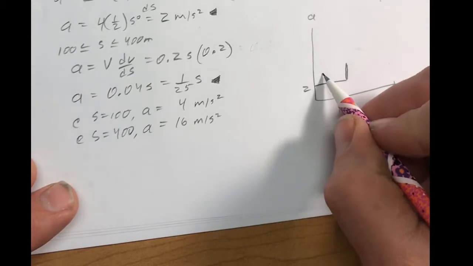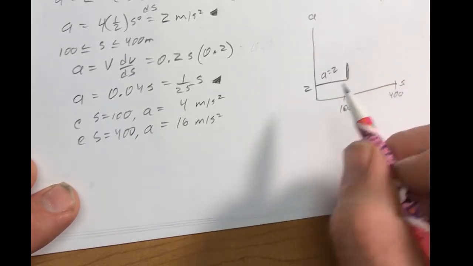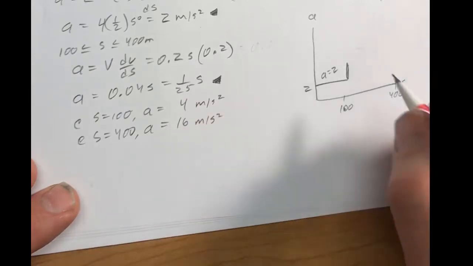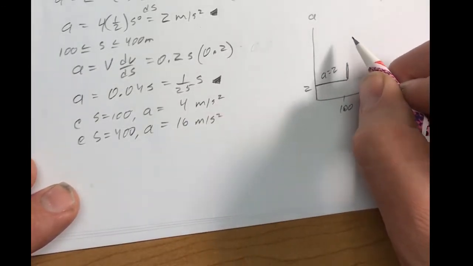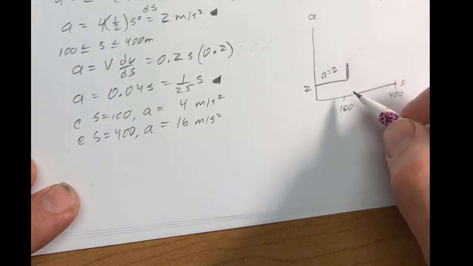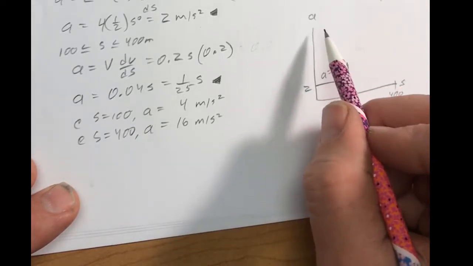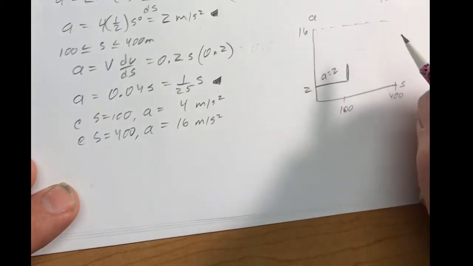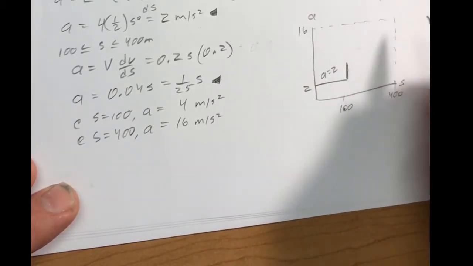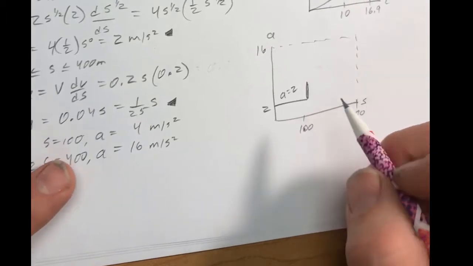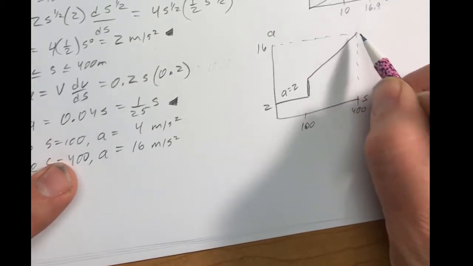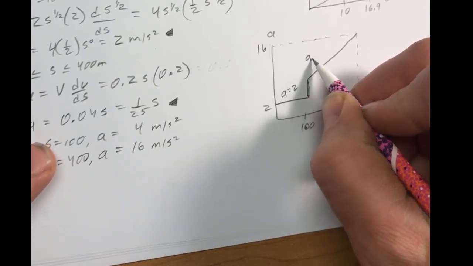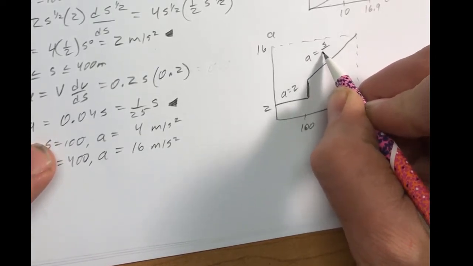We have a equals 2 here, but the other one, a equals 1/25th s. So it's going to go up. It's going to get up to 16. My chart is not going to be to scale. So it's going to go straight because this function is a equals s over 25.